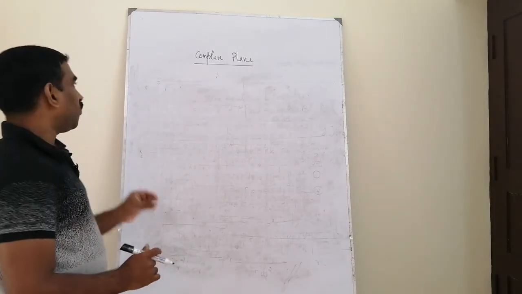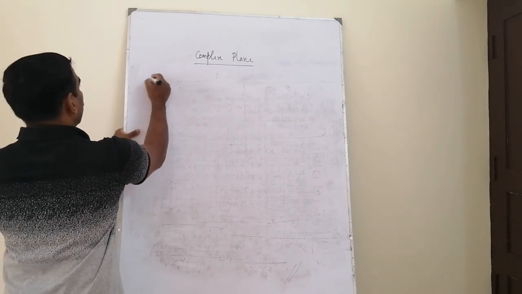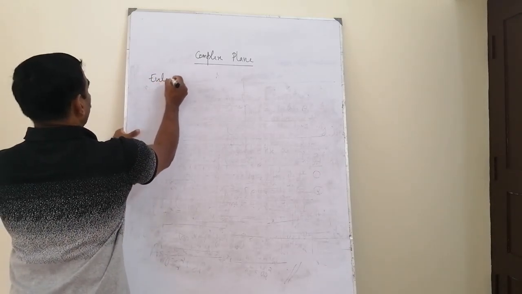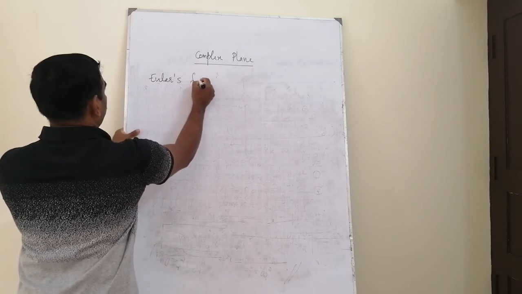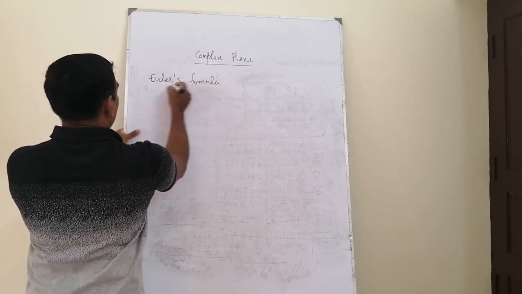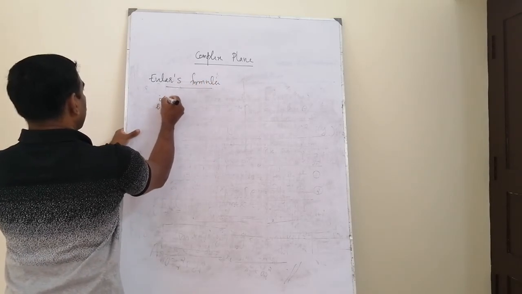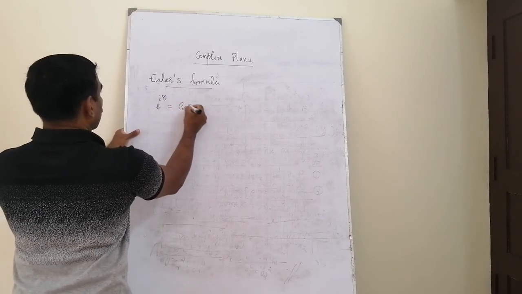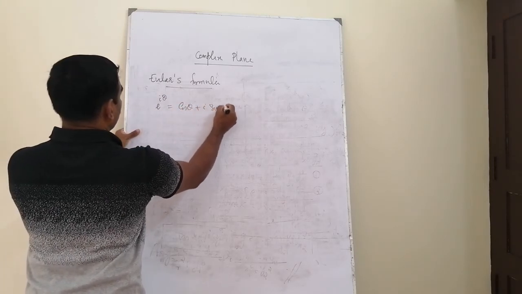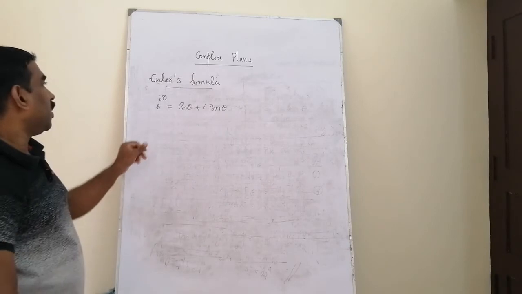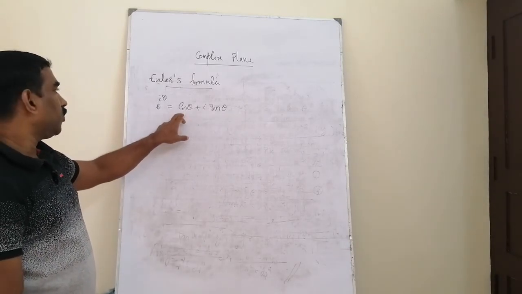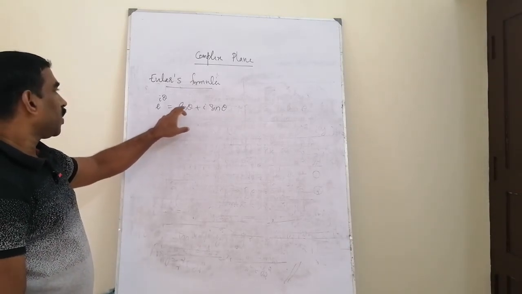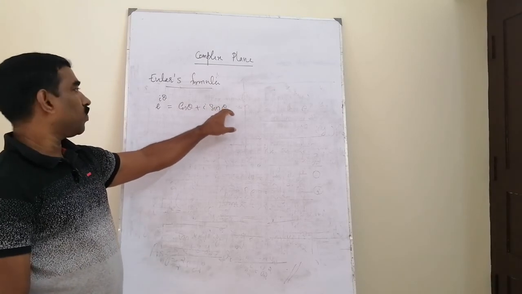Now we have to remember two more formulae. The first is Euler's formula: e raised to i theta is equal to cos theta plus i sin theta. This is a complex number having modulus 1, because the modulus is the square root of cos square theta plus sin square theta, that is 1.